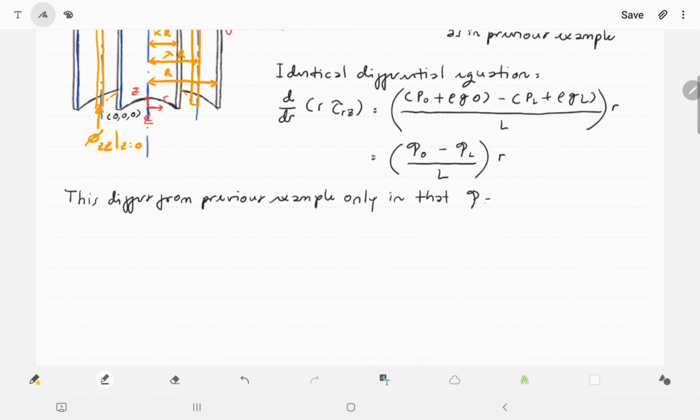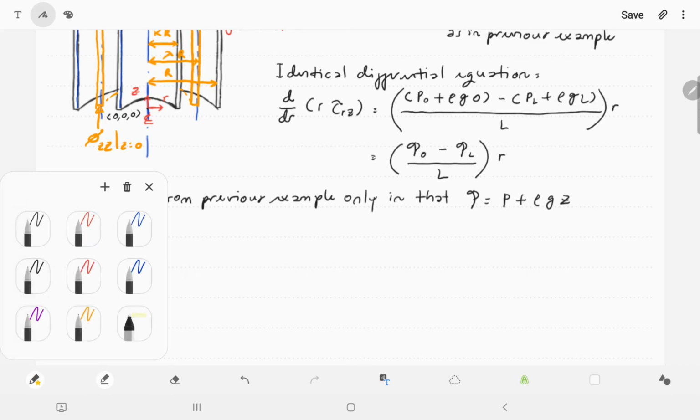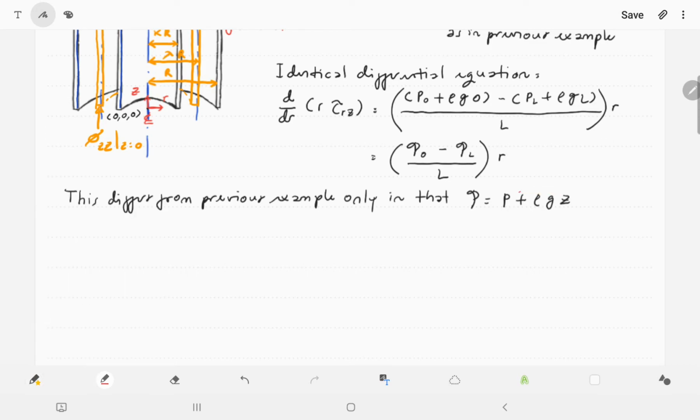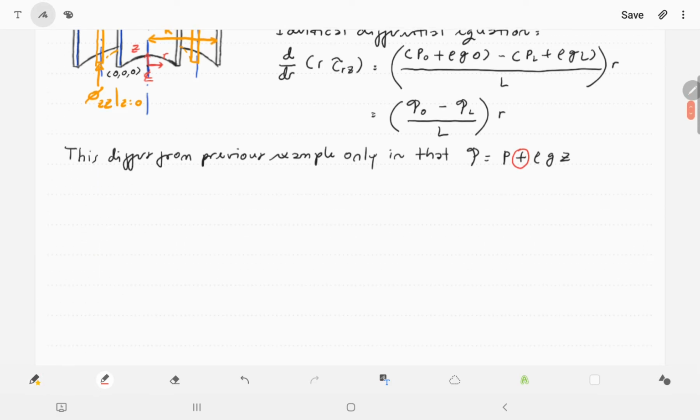So the modified pressure difference in here is pressure plus rho g z. In the previous example, this one is not positive, but it's negative. Why?